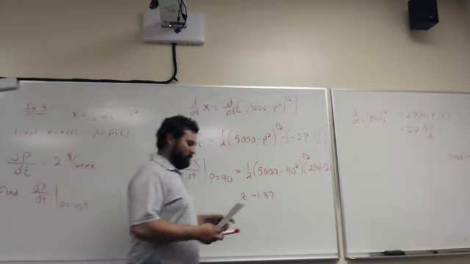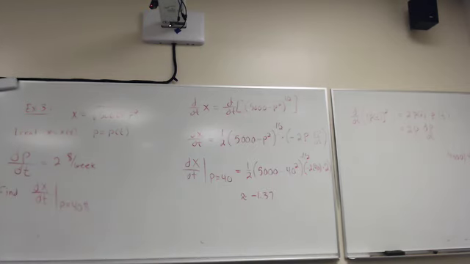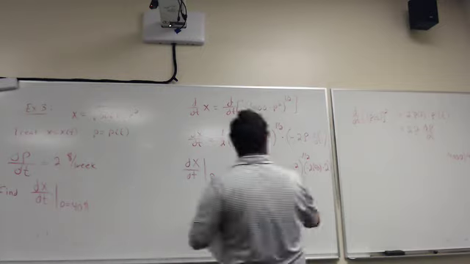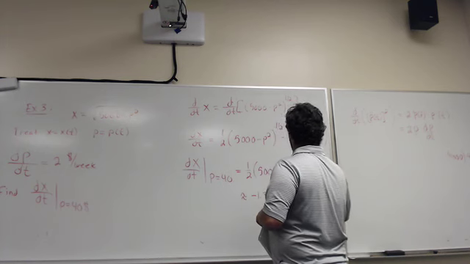So units per week, although you have to be careful, because if you read the very first sentence, it says the number of units demanded x is in millions. So this is million units per week.